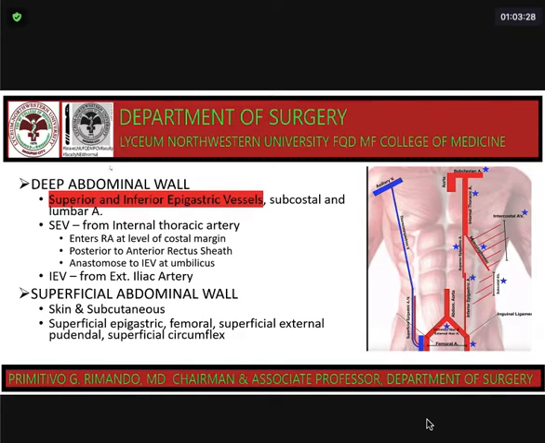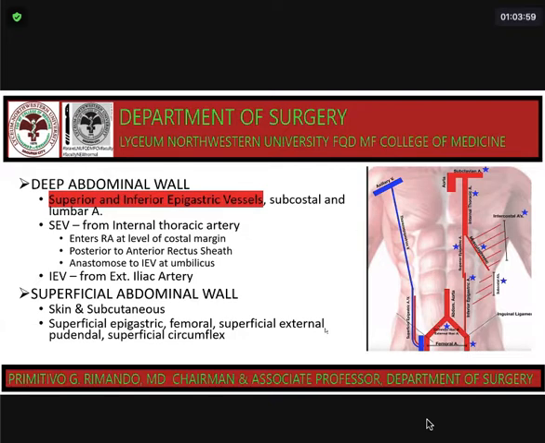The major support is from your superior and inferior epigastric vessels. The superior epigastric vessel is the final branch of your internal thoracic. Once the internal thoracic crosses the costal margin, it is renamed the superior epigastric vessel.